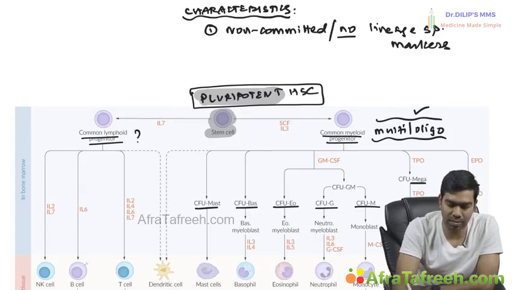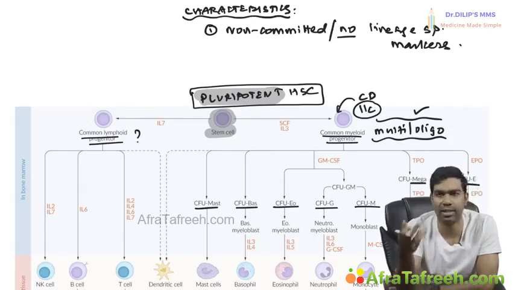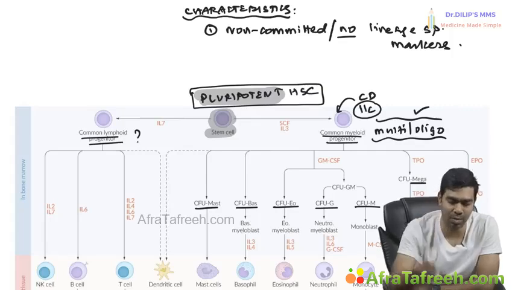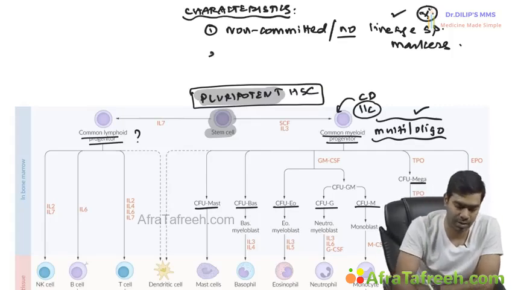For example, the most important myeloid lineage markers, such as CD11c, CD13 and CD33, will not be expressed by pluripotent hematopoietic stem cells. This is the most important point: it does not express any lineage-specific markers.